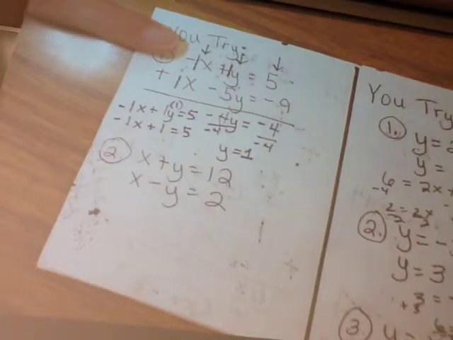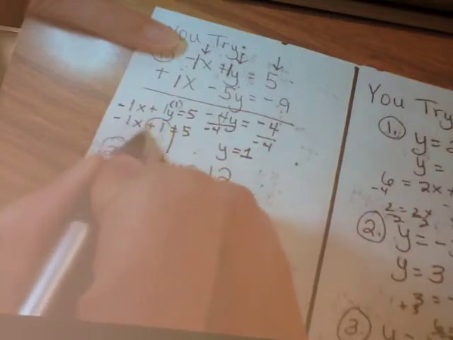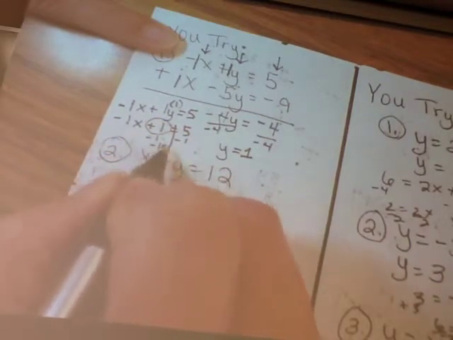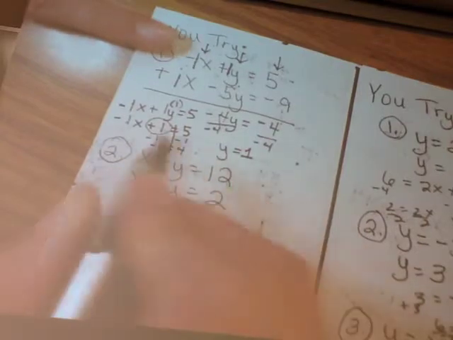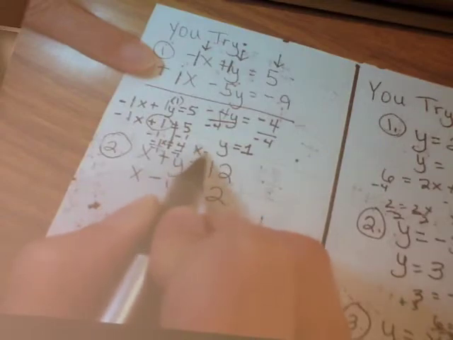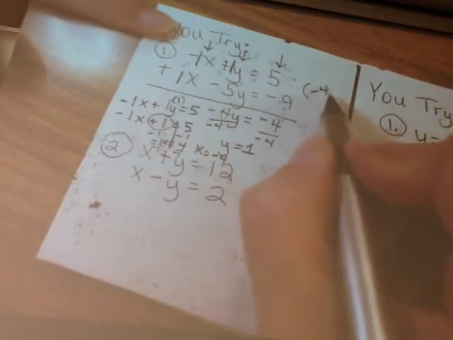And then I solve it. I gotta get rid of this piece first. So take away 1. Negative 1x equals 4. And then divide by negative 1. So x is negative 4. So your ordered pair is negative 4, comma 1.